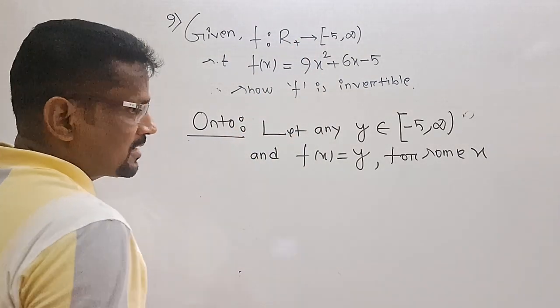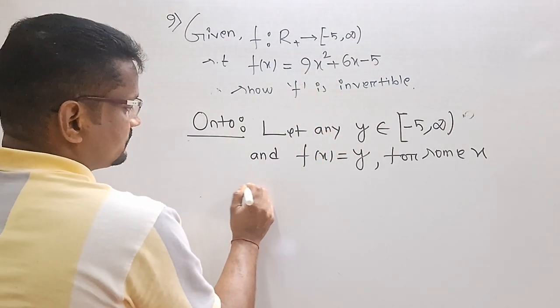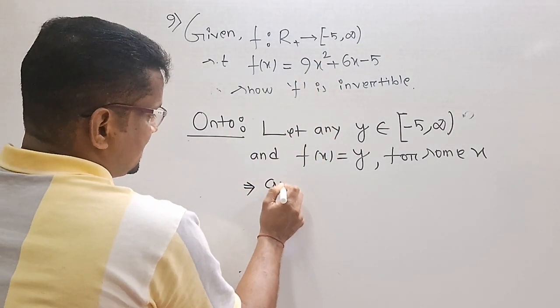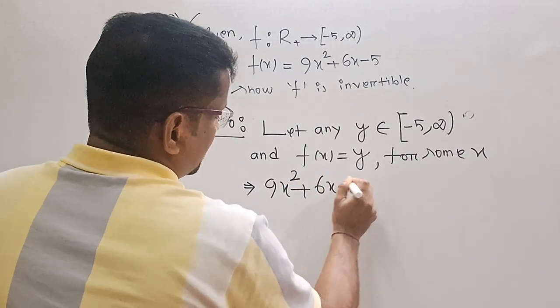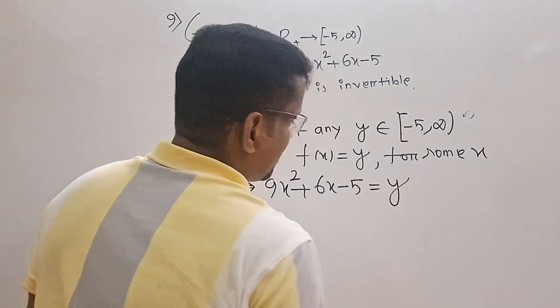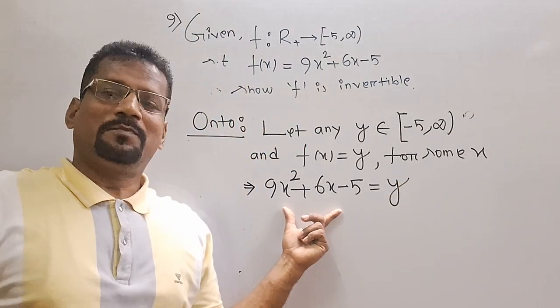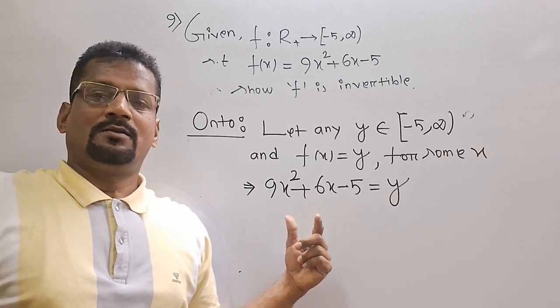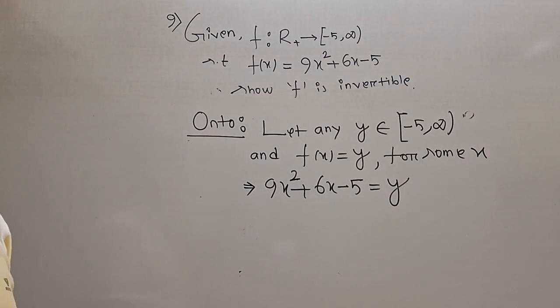Then how to show that part? For that, write the functional formula as it is: 9x squared plus 6x minus 5 is equal to y. Now the most important part comes here. I will explain it in detail.